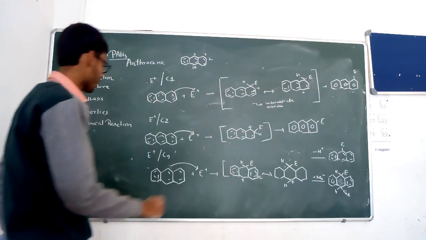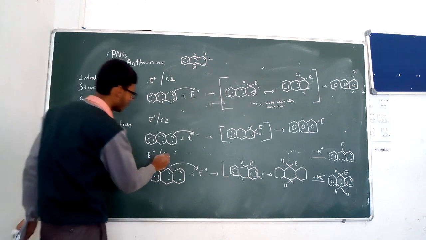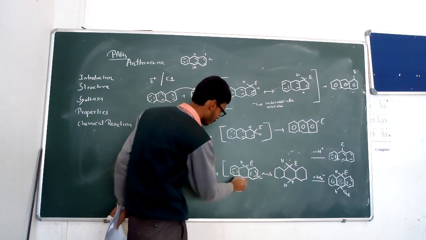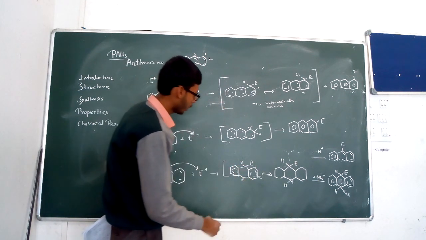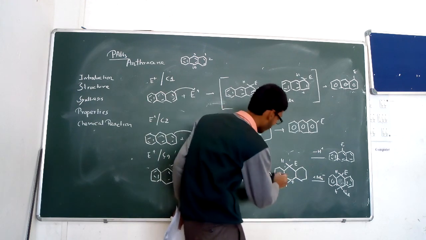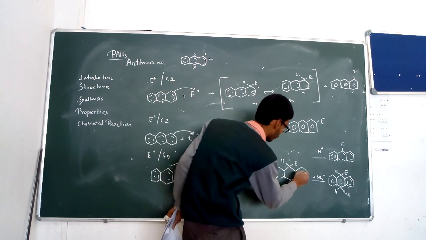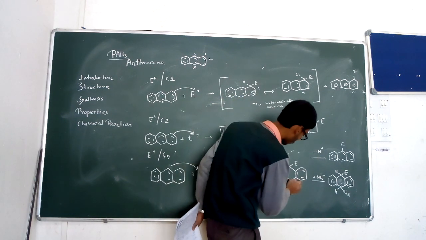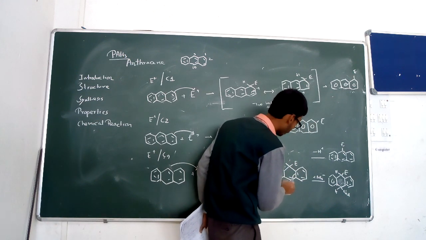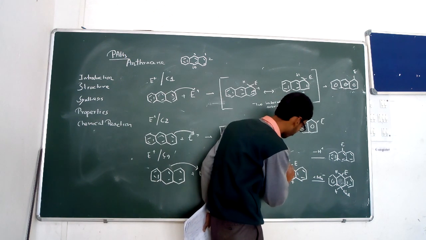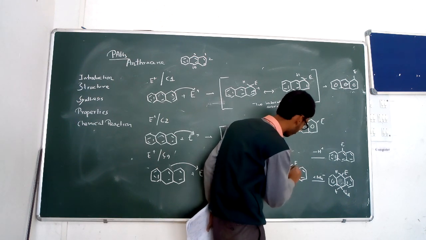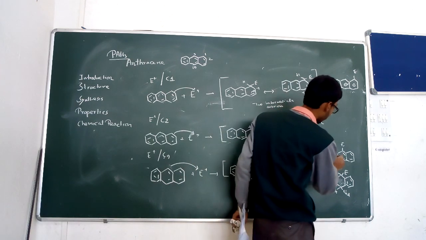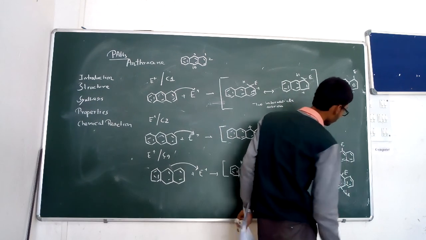You see the structure when the electrophile attacks the C9 position, forming a carbocation, with one hydrogen atom present. By removal of the proton and bond formation, we get a 9-substituted anthracene.